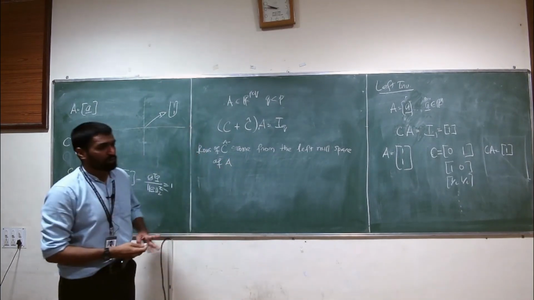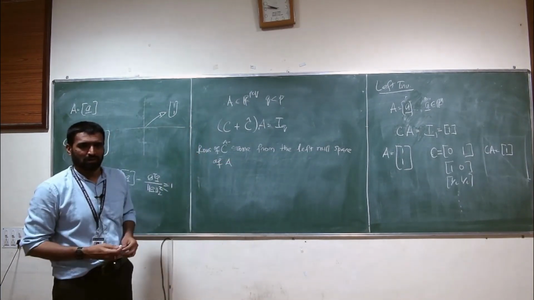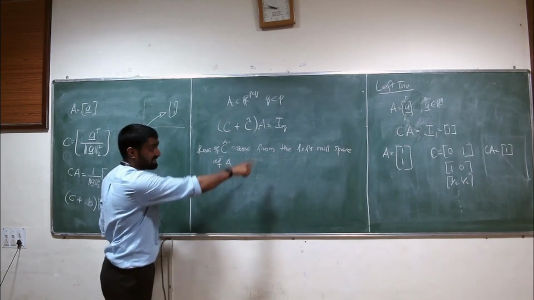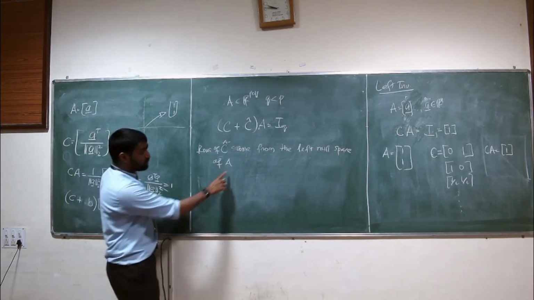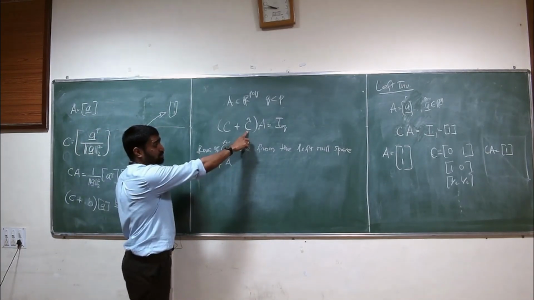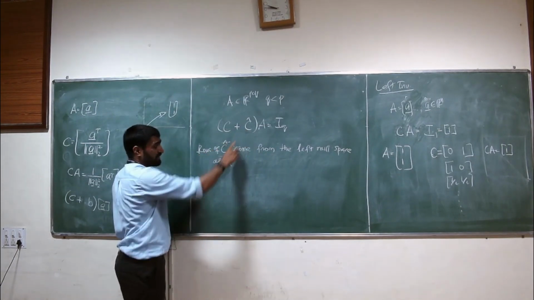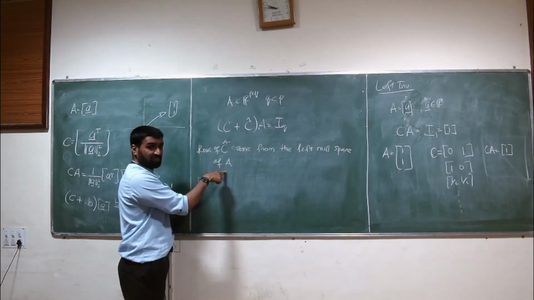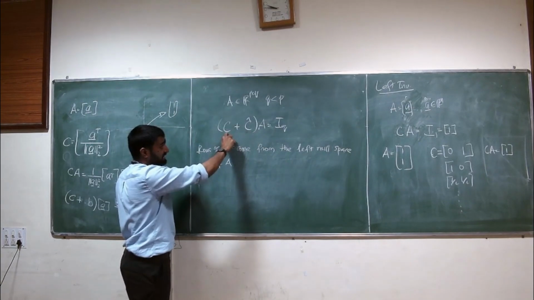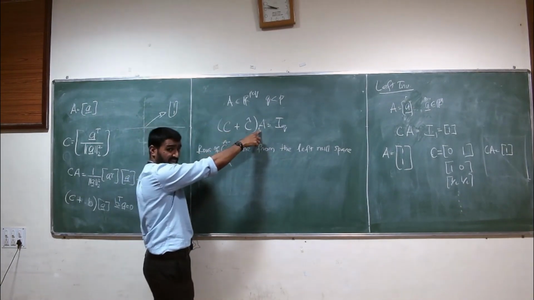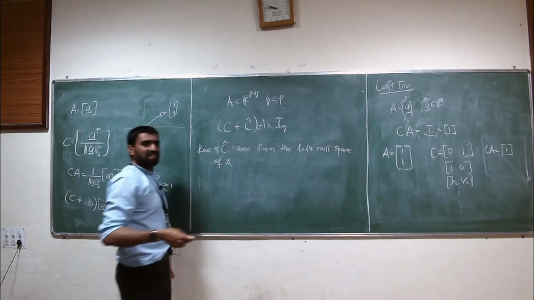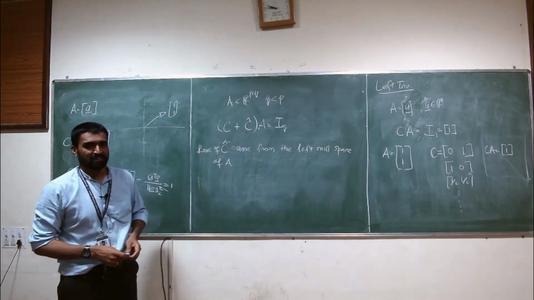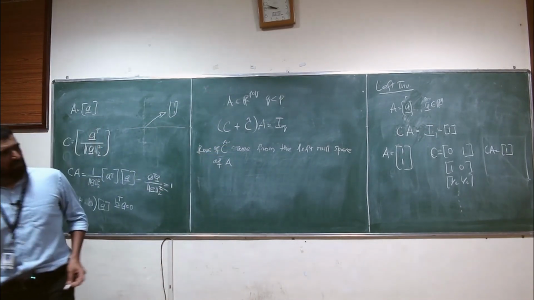I'm going to state it without discussing why that is true; I'll leave it as an exercise for you to think about. If you choose a matrix C cap so that the rows come from the left null space of A, and you add it to some C that is the left inverse of A, then you can produce additional left inverses for A.